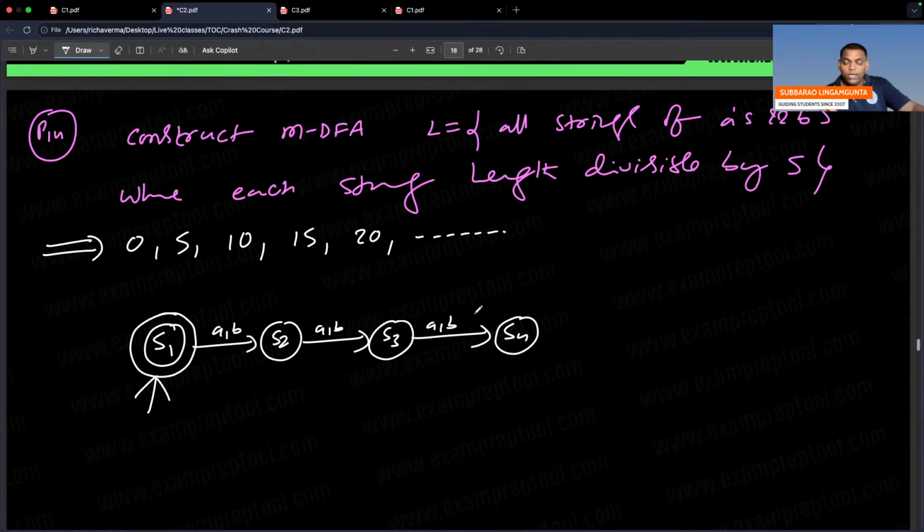State number 2 indicates a 1 length string is completed. State number 1 indicates nothing completed. So every state will remember something. If you want to remember something new, change the state.